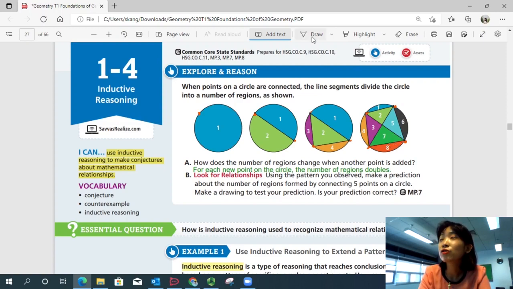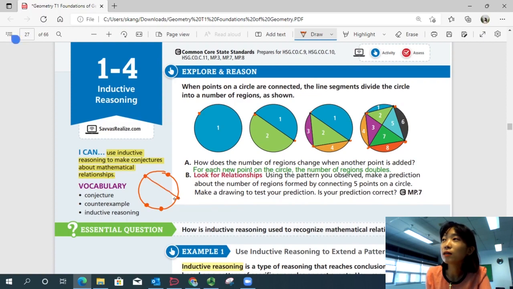So let's try to draw and see if that's correct. See if our prediction is correct. So this could be our next circle. We can add another point. 1, 2, 3, 4, and 5.